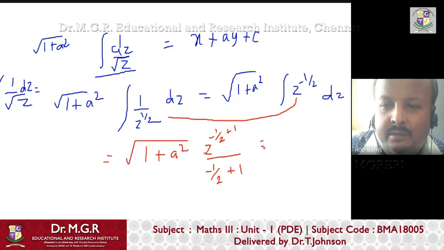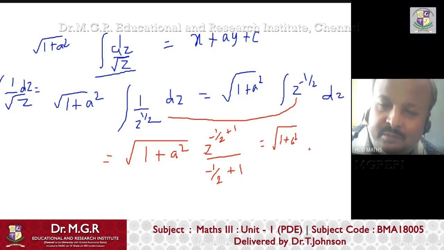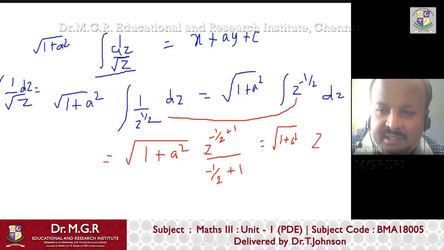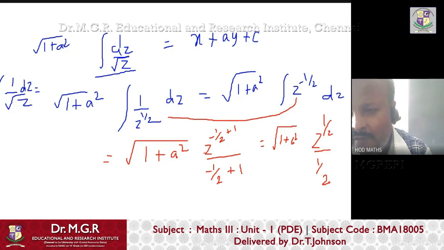Now tell me what will happen. Root of 1 plus a square as it is. What is minus half plus 1? 1 by 2. So this is z power 1 by 2, divided by 1 by 2. But still it is in the denominator of the denominator.